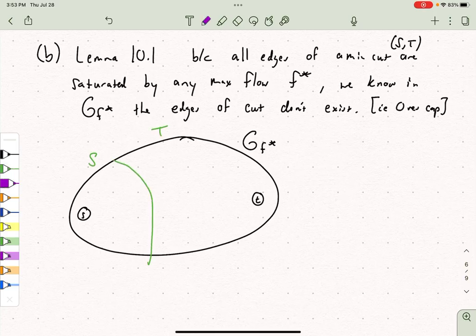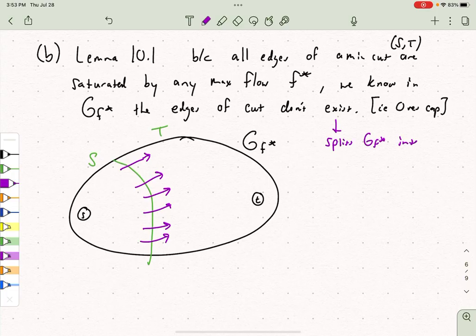We know all of these edges don't exist in the graph, and so it basically splits the graph G_F star into separate components. They're not literally different components because there could be edges going backwards, but they're essentially different components.